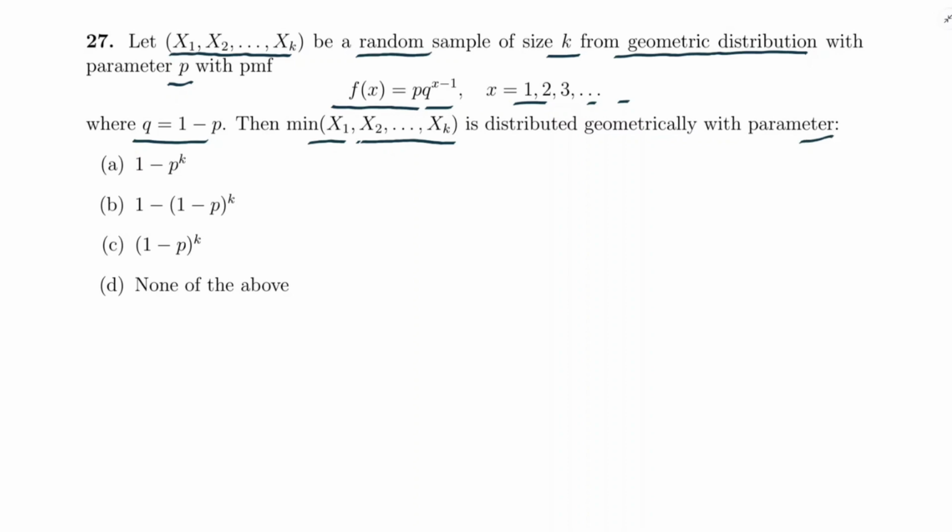So basically this question is asking us about the distribution of the minimum of k geometric random variables.